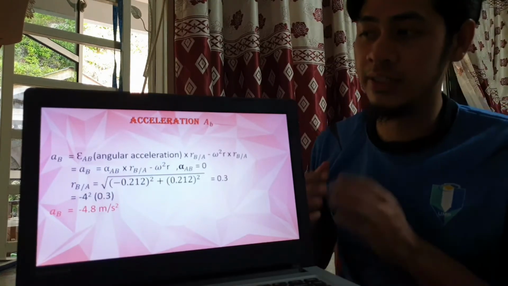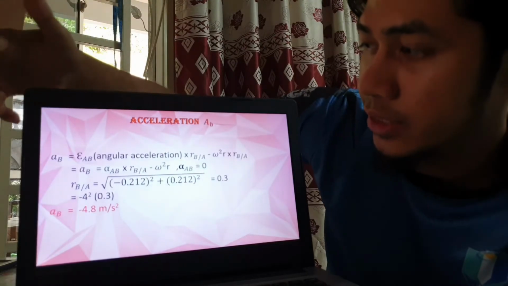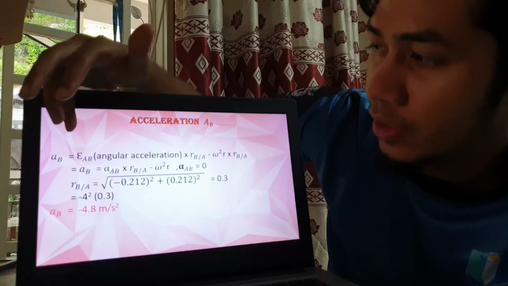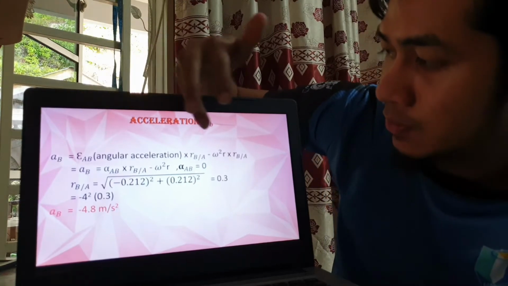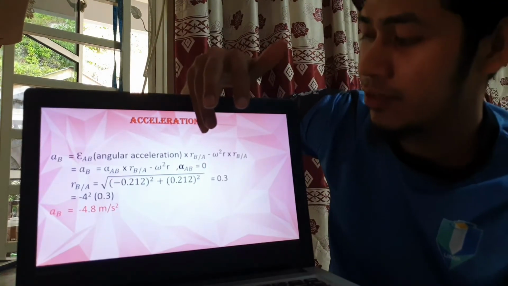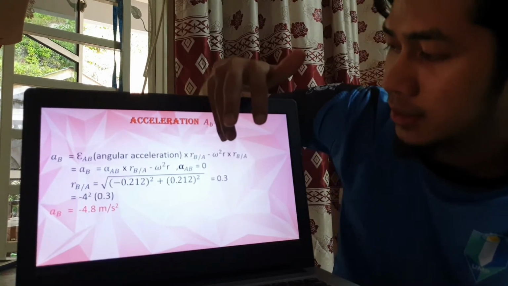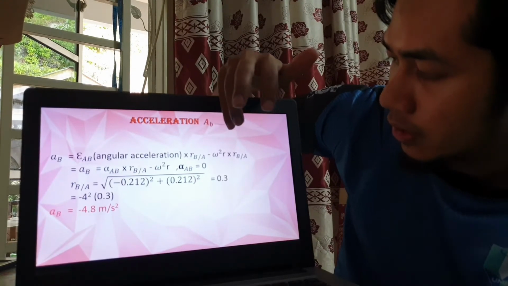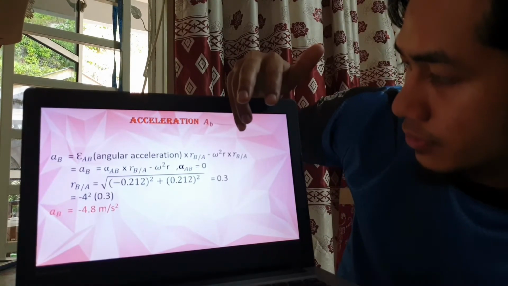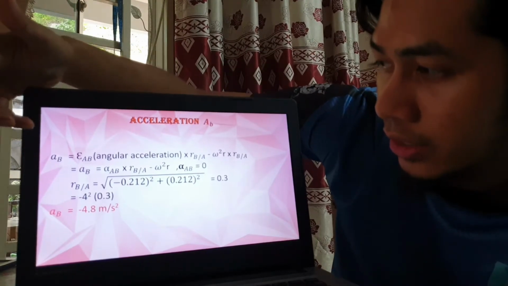This is about the acceleration. The equation is the angular acceleration of AB times the relative position of B to A, minus angular velocity squared times the relative position.